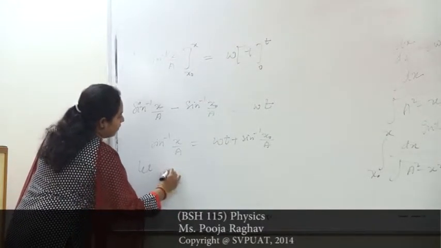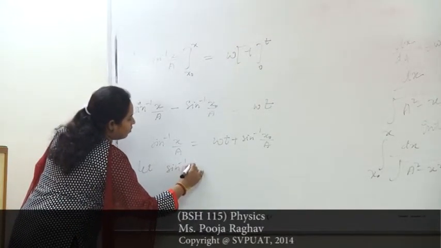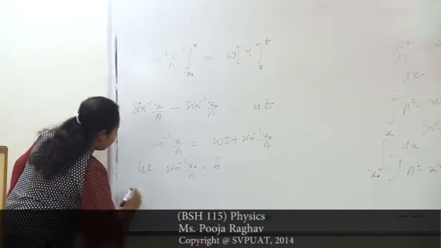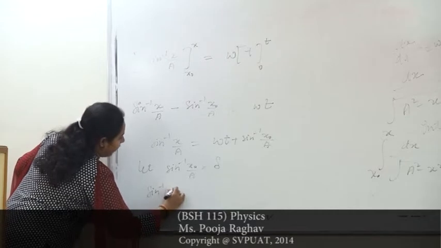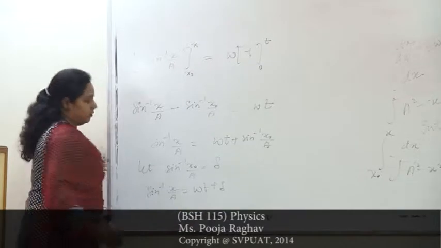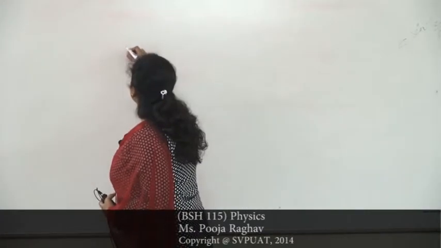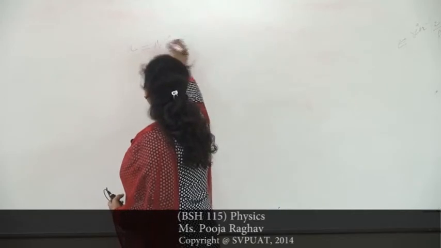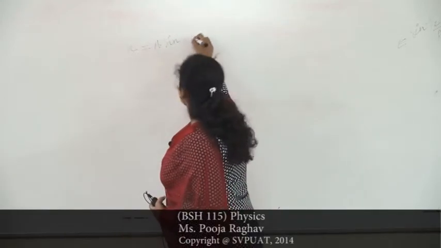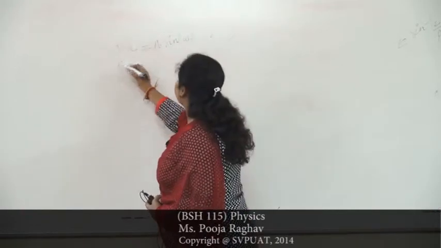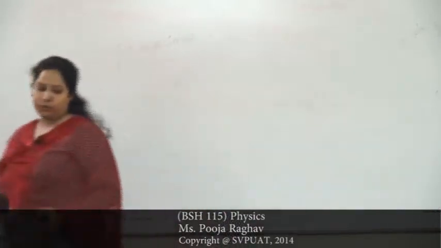Let sin inverse x naught upon a is equal to delta, then the equation becomes sin inverse x upon a is equal to omega t plus delta. Then we calculate the value of x equals a sin omega t plus delta. This is the equation of displacement of the simple harmonic motion.